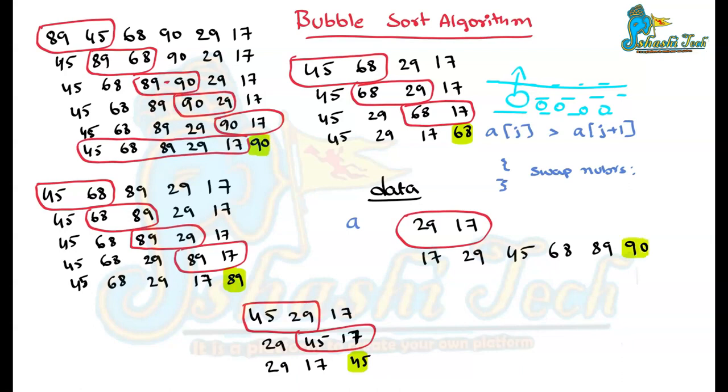This 90 comes from here, this 89 comes from here, then finally 68 comes from here and 45 comes from here, 29 is here and 17 is here. You can observe that the entire array is sorted.